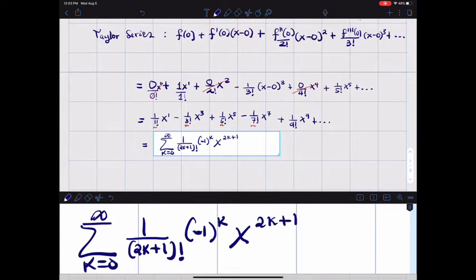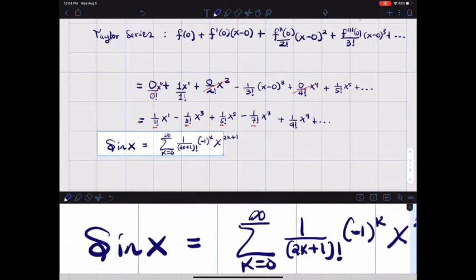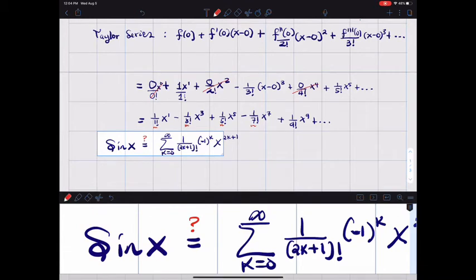All right. Now, our goal is that we want to be able to write sine x as this series. Is sine x equal to this series? Well, that's not the focus of our study. The focus of our study is just to be able to find a Taylor series.